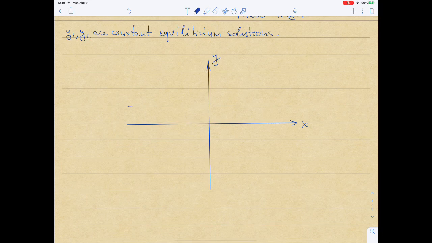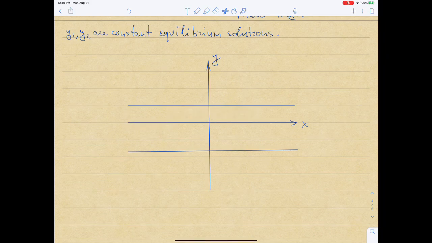So maybe this would be a graph of y2, and that will be a graph of y1. So what does this give us?